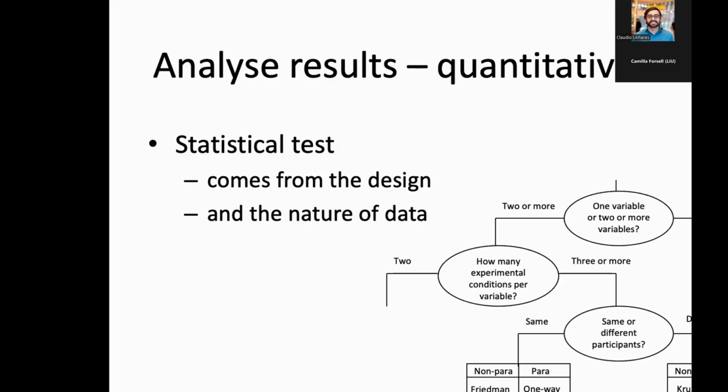But when I say that the test that you are supposed to use comes from the design and the nature of data, with these sort of flow charts you can see: do I have one variable or two or more? If I have two or more, then how many experimental conditions per variable? Three or more, the same participants or not? Is data parametric or not?